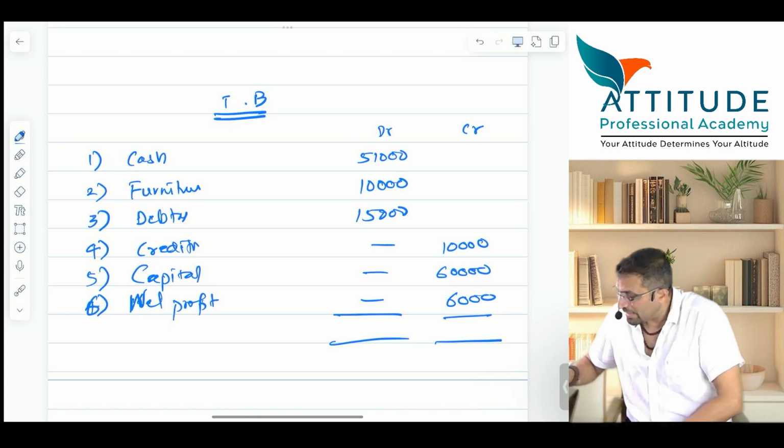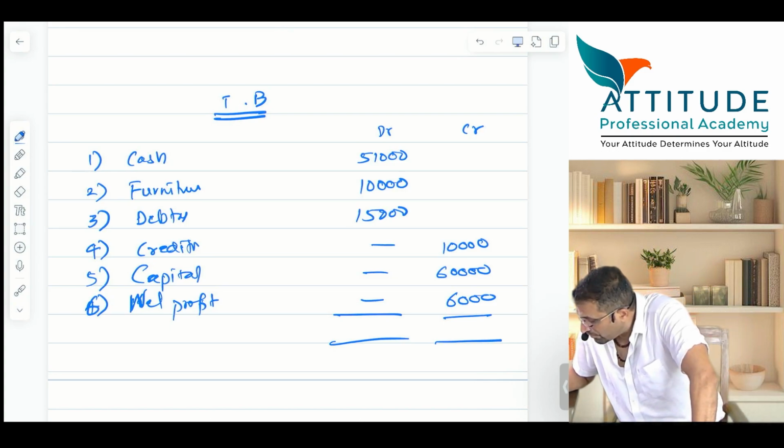Total it. Is the trial balance tallying? 76?